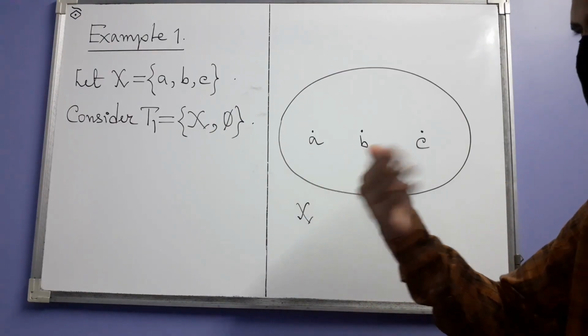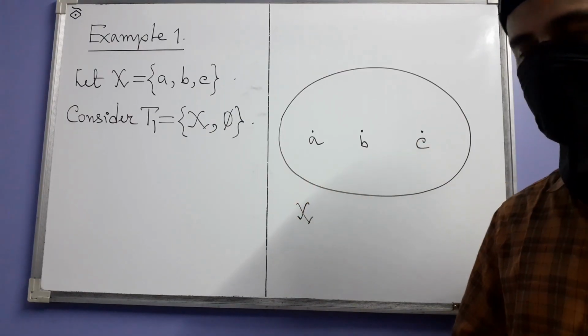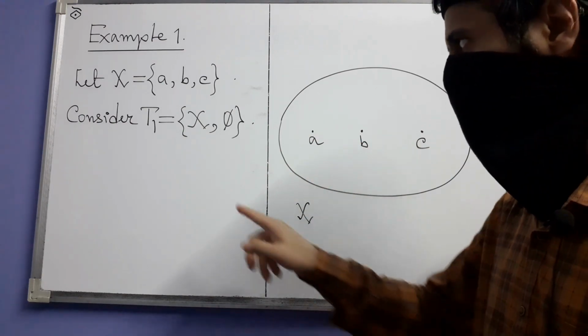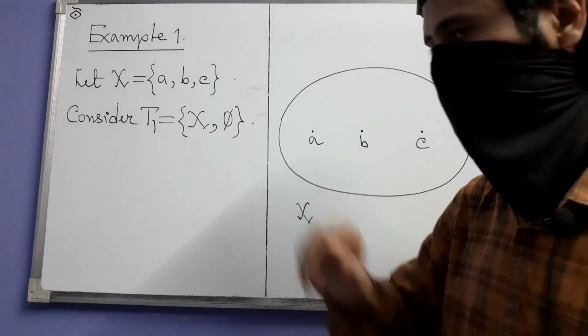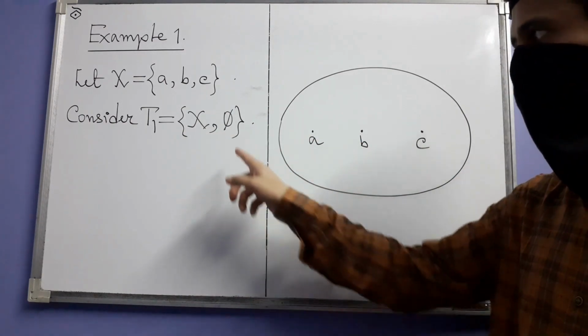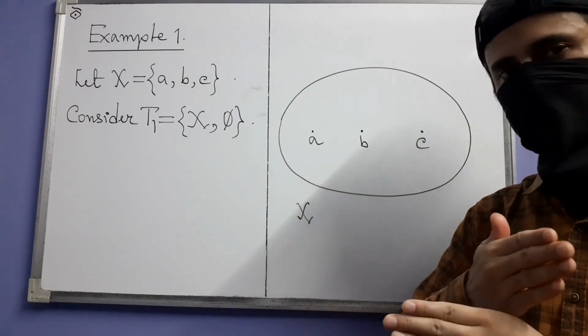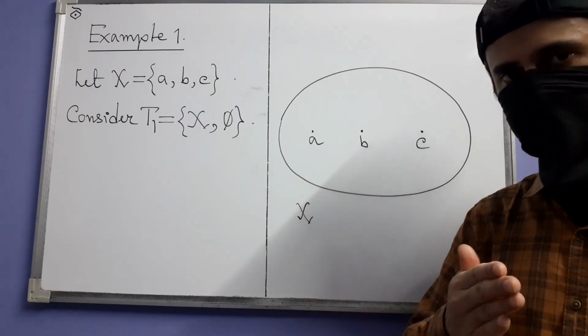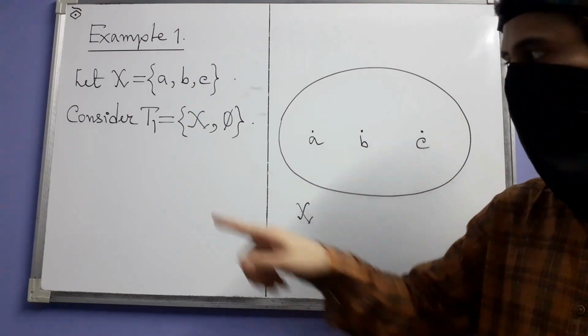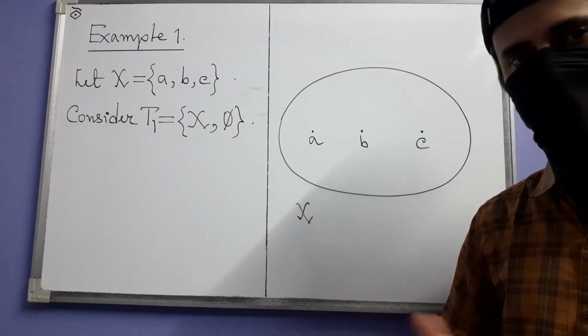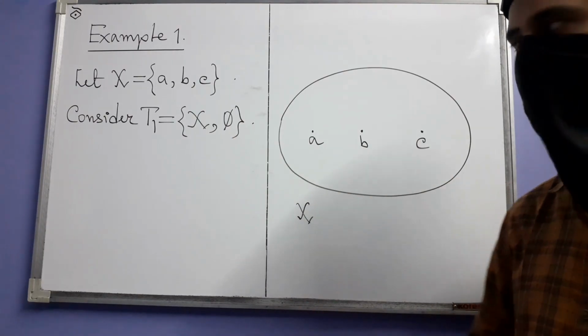So in all these possible intersections also, we will have either this or this. How? If at least one of the sets in your intersection is the empty set, then the intersection is equal to the empty set. You already know why from set theory.